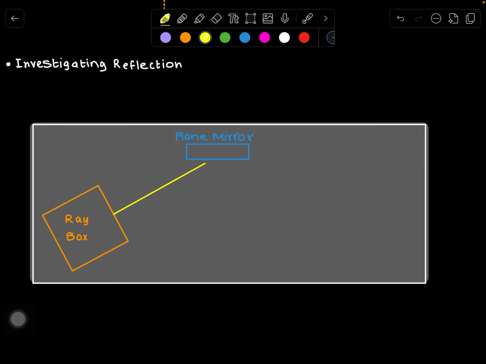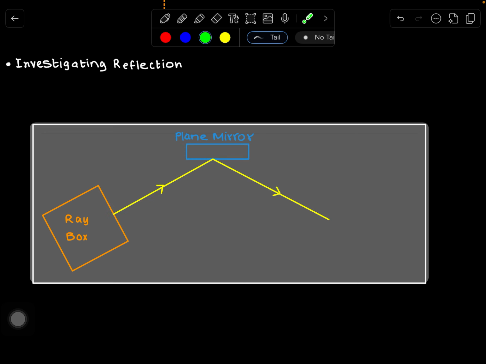Like that. और जब वो mirror की surface पे touch करेगी तो वो bounce back होगी, वो reflect होगी. You will see a ray going like that. So you turn your ray box on and a ray is incident on this mirror surface and then it's reflected back.